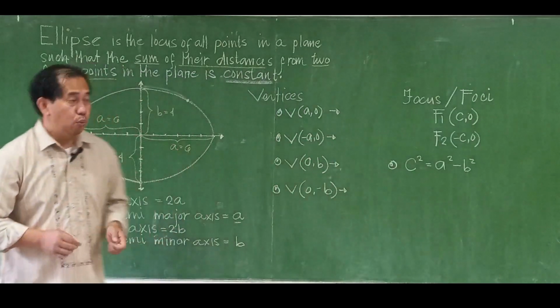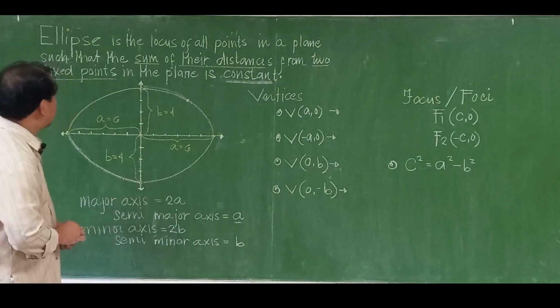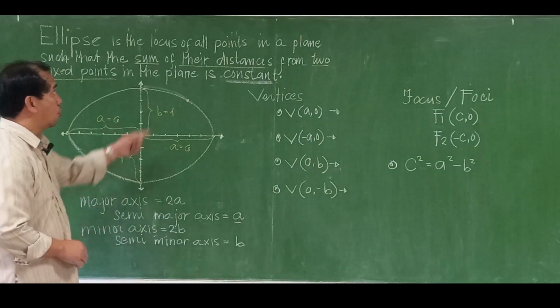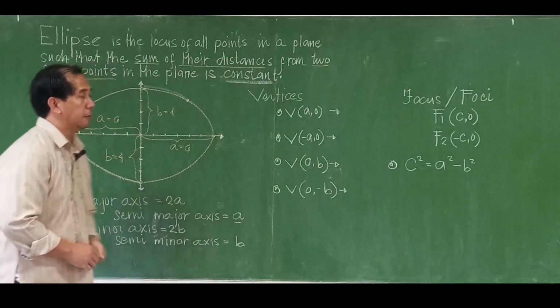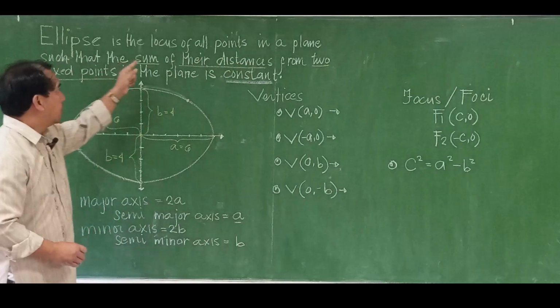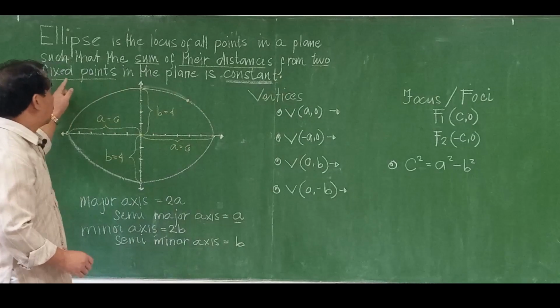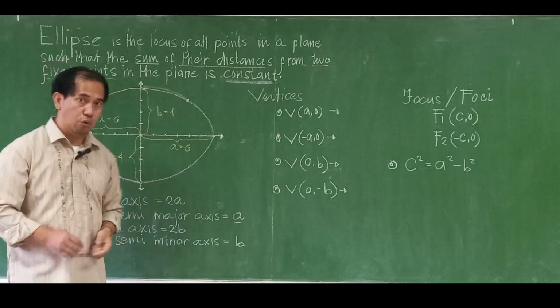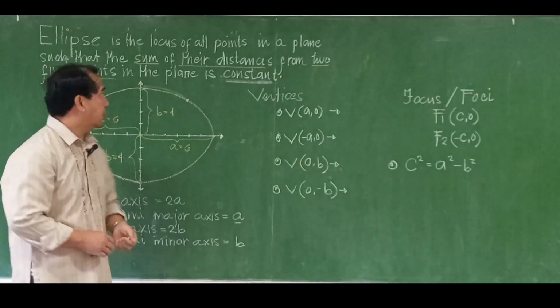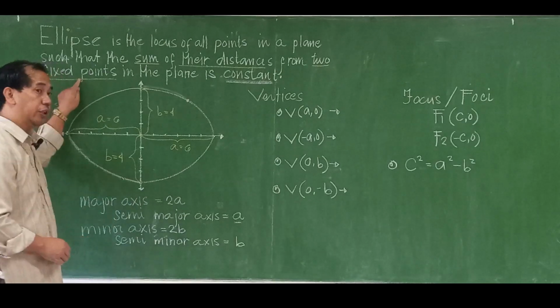Now, last time we defined the ellipse. We said that the ellipse is the locus of all points in a plane such that the sum of their distances from two fixed points in the plane is constant. So what is the fixed point being mentioned here?